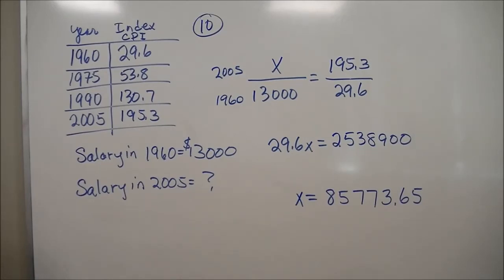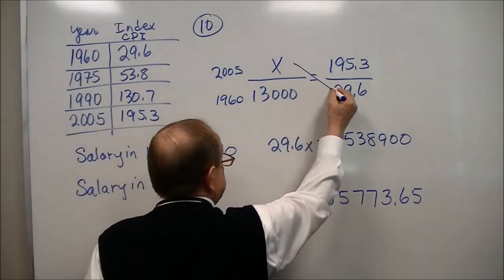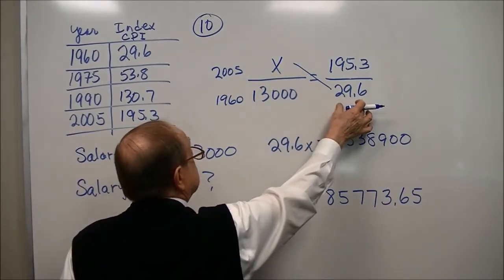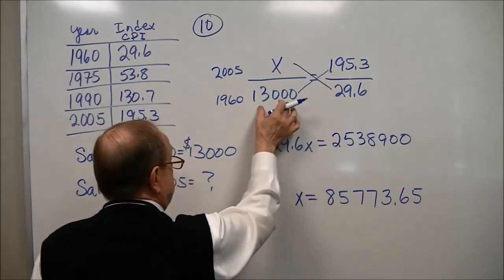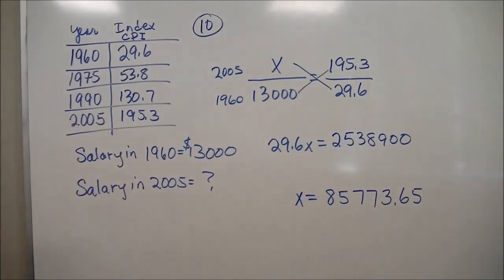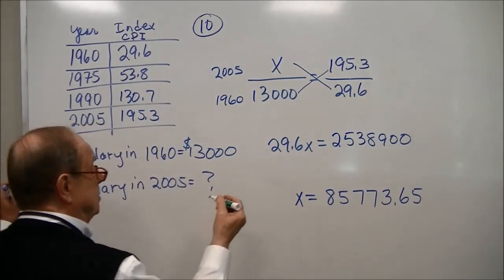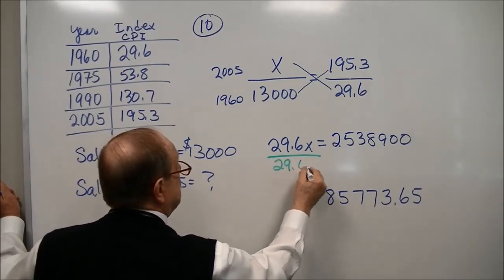A technique that we use in algebra to solve something like this is what we call cross multiplying. We're going to multiply x times this and get that. And then we cross multiply this way, this times this, and we get that. And then using our technique of solving, we're going to divide both sides by 29.6.